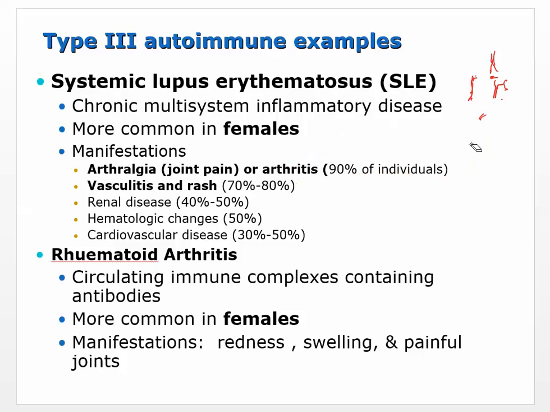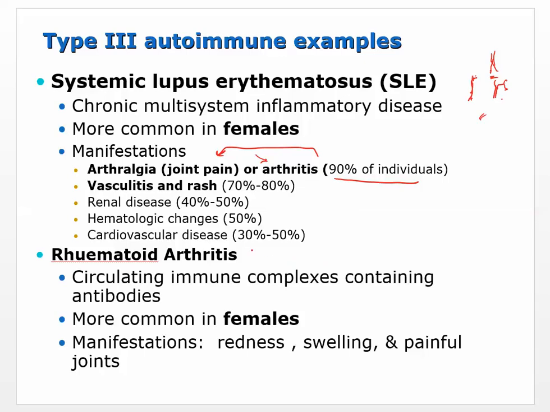And if you look at this, 90% of individuals experience joint pain and arthritis. Okay, and then 70 to 80% also have vasculitis and rash. So it's not really tissue specific, and it tends to be mediated by blood flow.